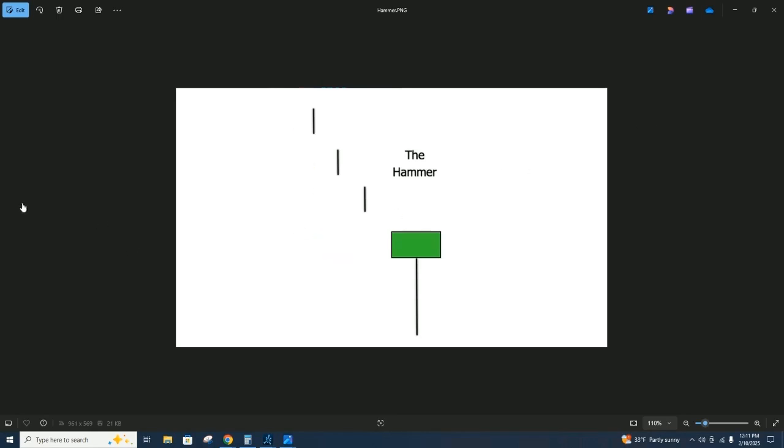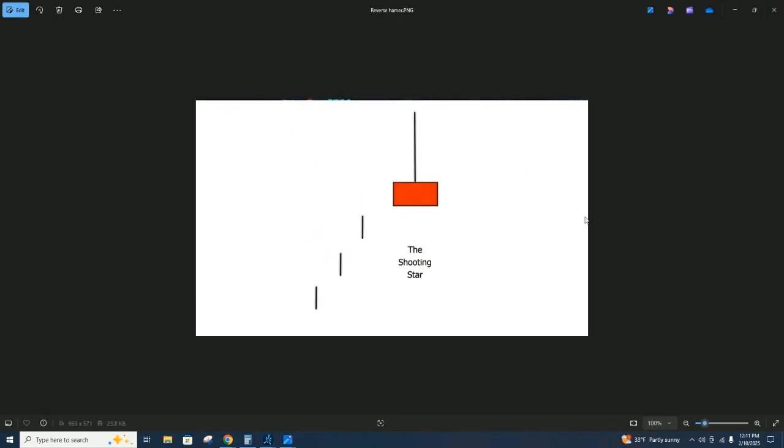So then, of course, opposite this would be the inverted hammer, or also called a shooting star. Love shooting stars. These are extremely powerful, extremely accurate at tops or reversals. Again, the stock's going up. You see an inverted hammer or shooting star, 80% of the time it's going to result in a reversal.